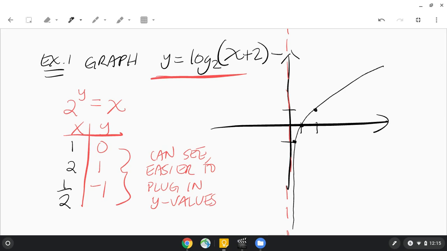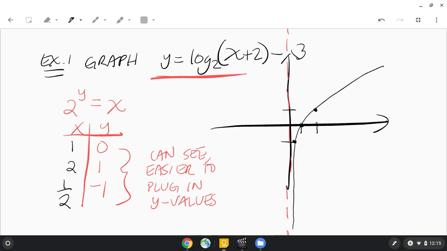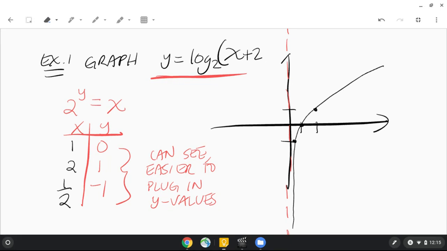And if it said this, it would take this same graph and also shift it down 3. So the transformations are still the same. Let me erase that so it doesn't look like it was the problem we were supposed to graph.